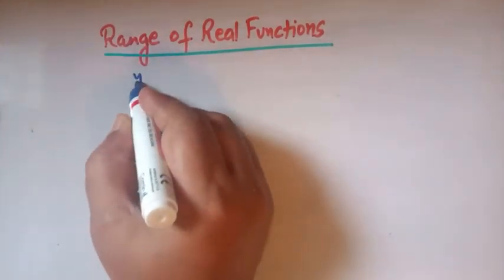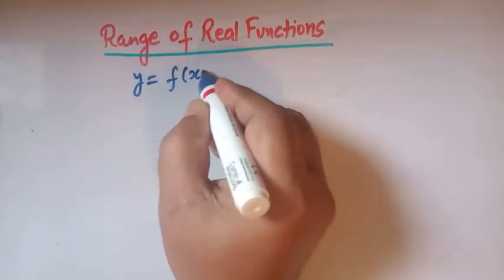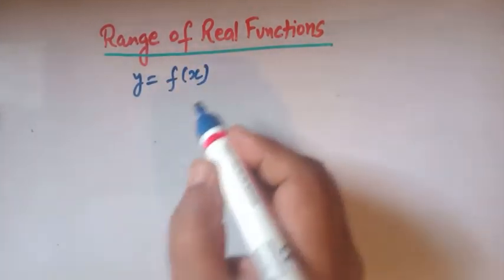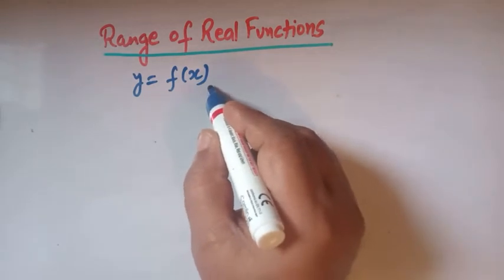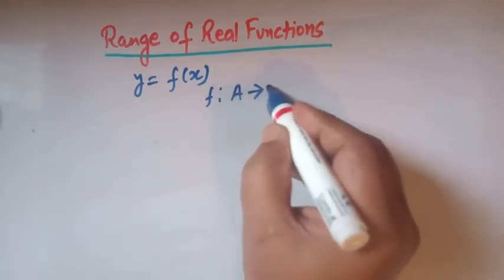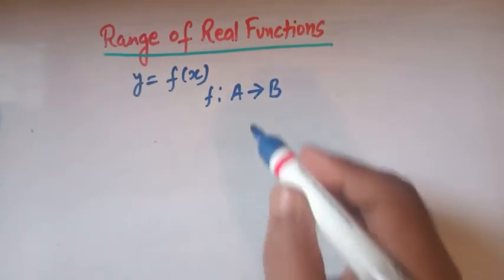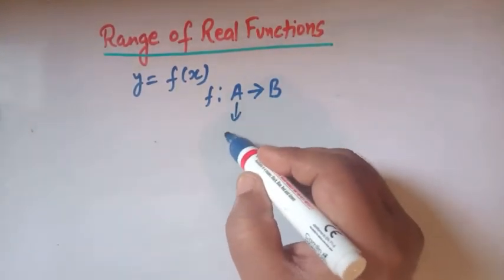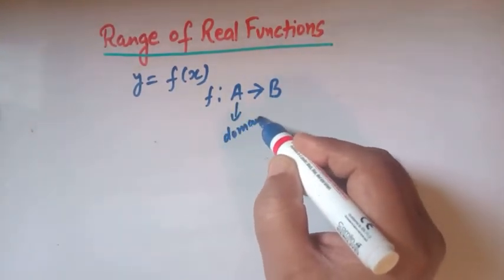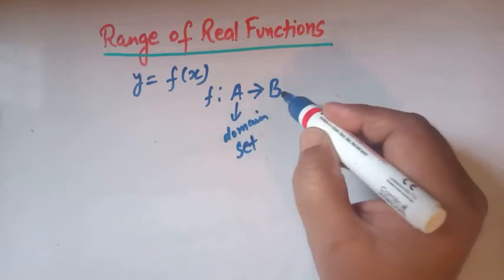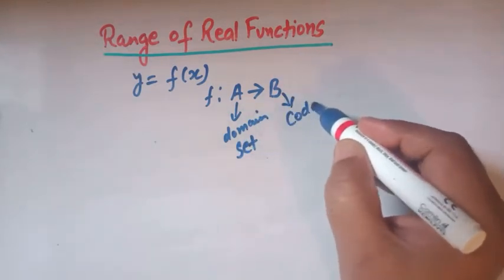Suppose we have a function y equals f(x), from set A to set B. Clear? Now this set A is called the domain, and this set B is called the codomain.